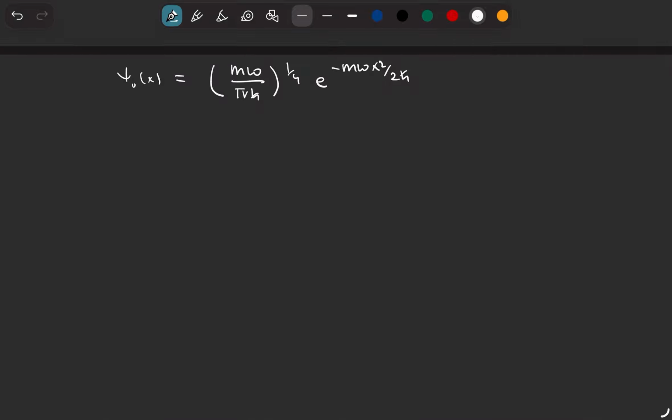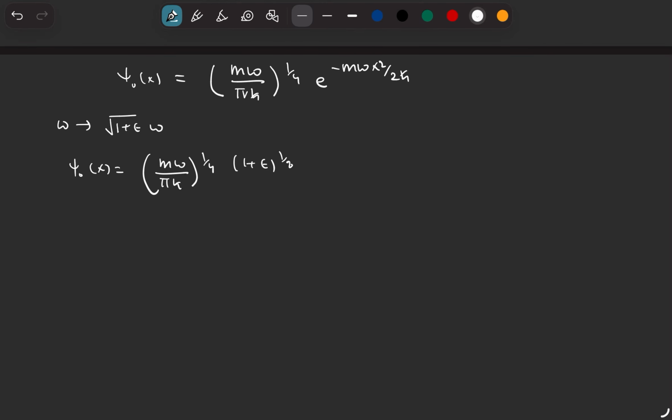Now obviously omega goes to omega times the square root of 1 plus epsilon, so that means omega 0 of x is (m pi upon h bar) to the power 1 by 4, and that is (1 plus epsilon) to the power 1 by 8, and there is obviously omega to the power 1 by 4.